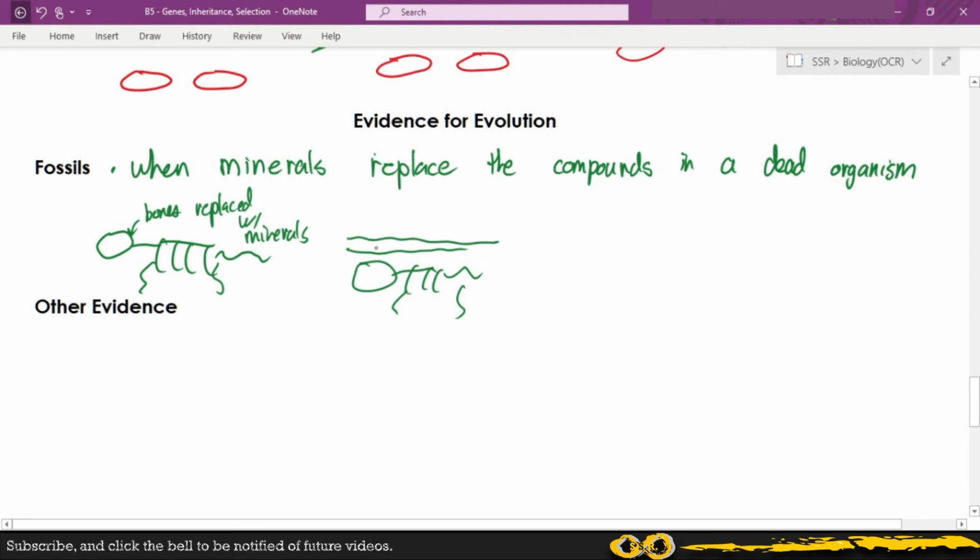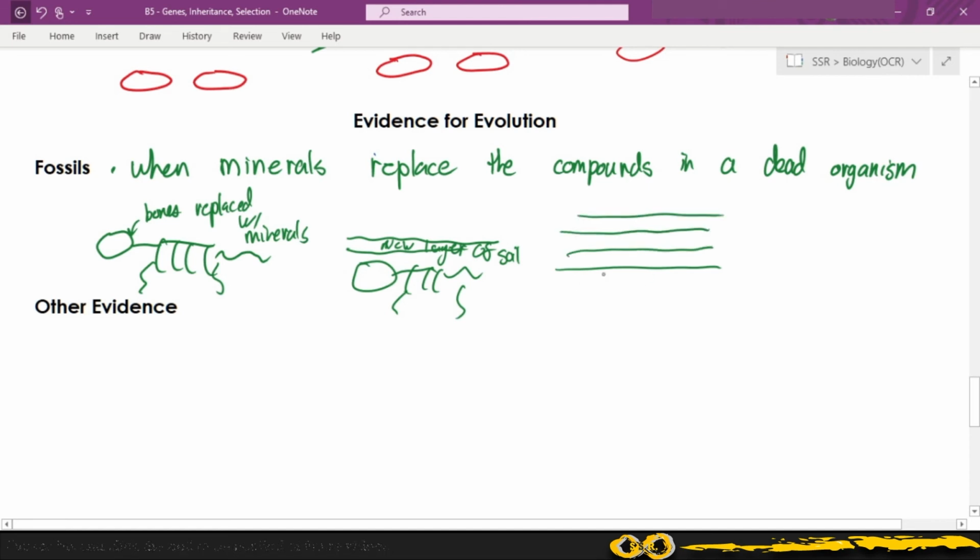So there'll be a new layer of soil. And eventually, the skeleton that we have is going to be buried under many, many layers of soil. And we'll be able to dig down and to essentially go back in time.